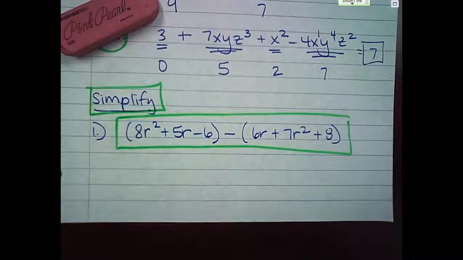What trips you is the negative. So you have to be careful. And when you're adding and subtracting, you add like terms, right? Subtract like terms. Be careful of the subtraction.